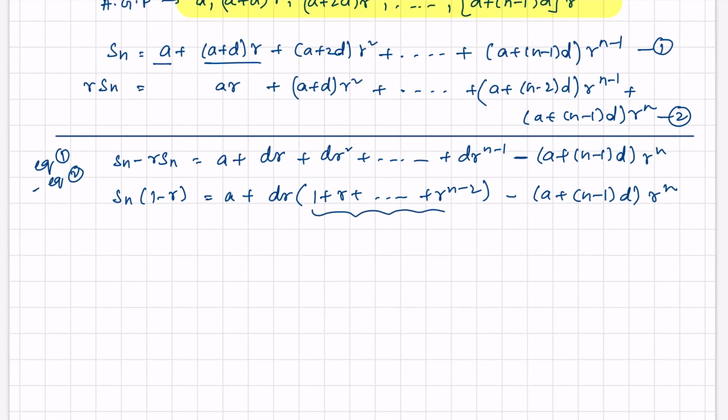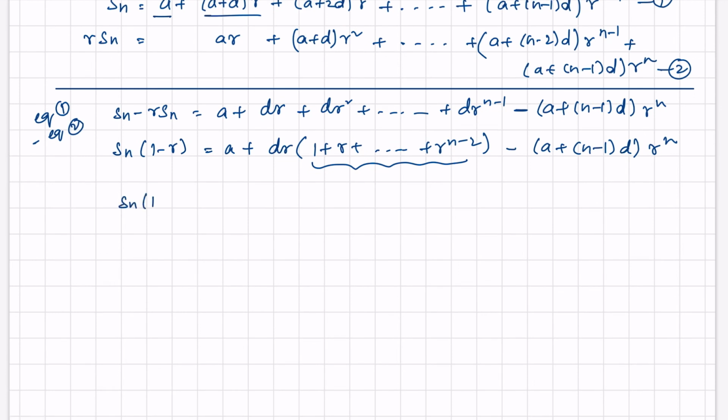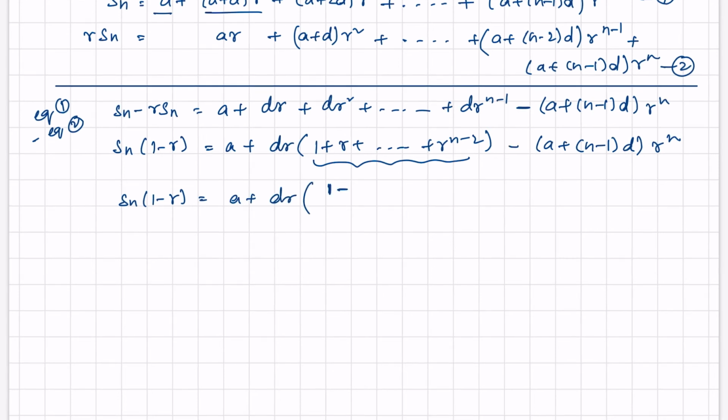We can observe that this part is the sum of n terms in a geometric progression. So we get Sn into 1 minus r equals a plus dr. By applying the sum of n terms in geometric progression, we get 1 minus r power n minus 1 by 1 minus r, minus a plus n minus 1 into d whole into r power n.